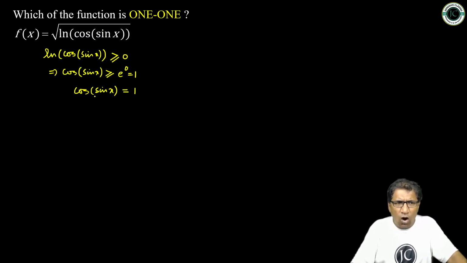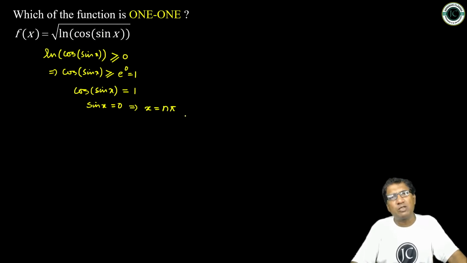Children, look, cos of sin x equals 1 is possible when sin x is 0, and sin x is 0 is possible when x equals n times pi, where n belongs to any integer. Is it clear?